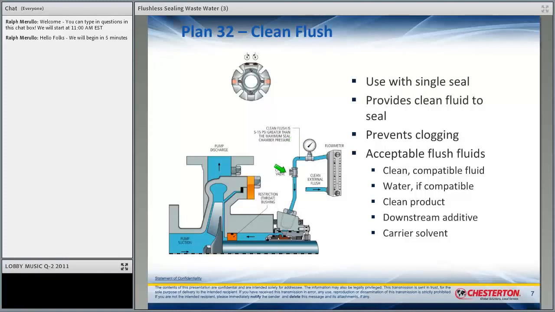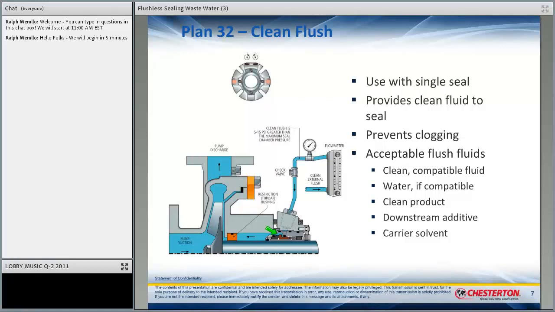And that fluid will then enter the mechanical seal and enter the pump. It will pass between the shaft and what is called a throat bushing or a restriction bushing. And that's an important component. And what's interesting is with Plan 32, a lot of people forget about using that component, but it's important, and I'll show you why in a moment. And that fluid passes into the pump. So this clean fluid provides the lubrication at the primary seal that we need, right?